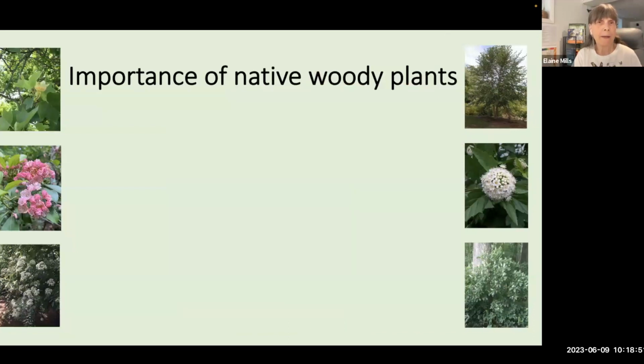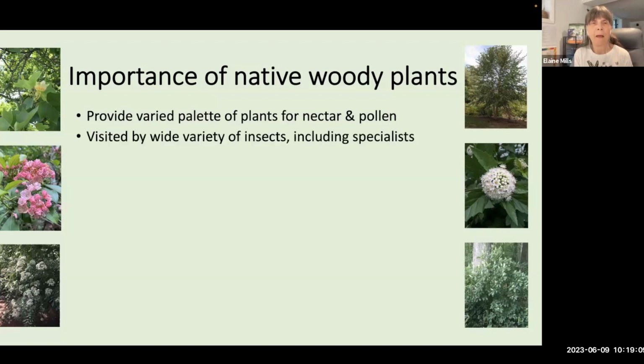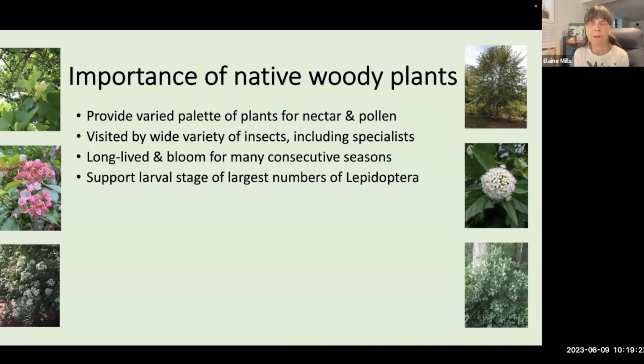Let's speak briefly about the importance of native woody plants in our landscapes. First of all, they will provide a greatly varied palette of plants beyond just the herbaceous plants that you might already have for nectar and pollen. They are visited by a wide variety of insects, including those specialist bees that I mentioned. And of course, our woody plants are long-lived and they're going to bloom for many consecutive seasons.